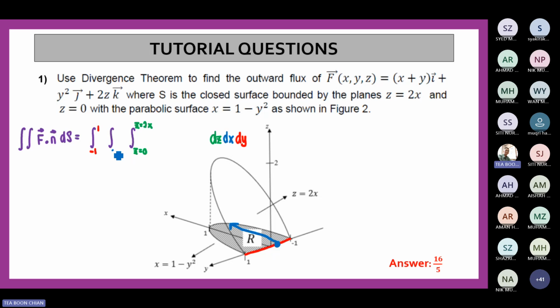The movement of the graph is from x = 0 on this axis, moving towards the x-axis side until you touch x = 1 - y². So if you can handle the graph or figure given, setting up the triple integral involving Cartesian should not be too challenging.